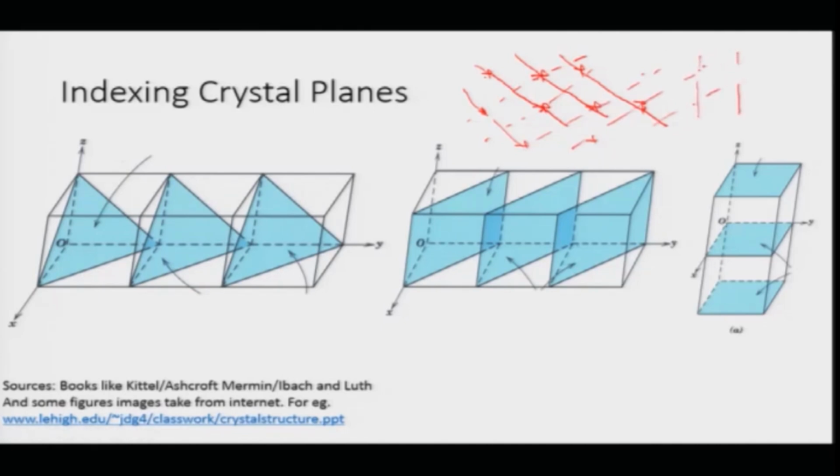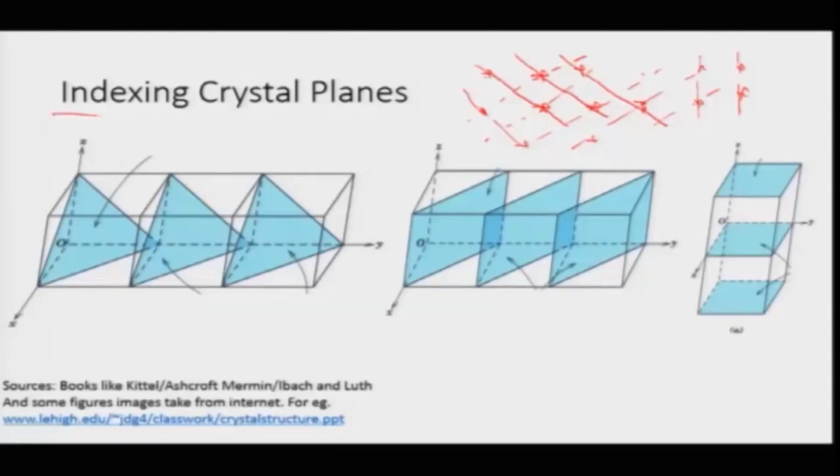I can define these vertical planes where I will have lattice points sitting on those planes. So, inside a lattice I can define many different planes on which I will have lattice points sitting.